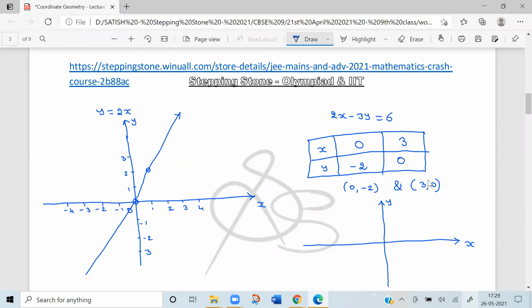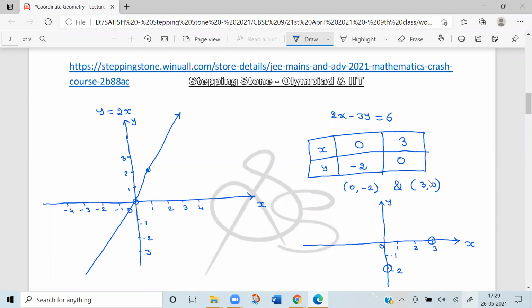When x coordinate is 0, it will lie on what? On y-axis. So at 0, the value is minus 2. So this is the point. Next, 3, 0, where will it be? Sir, x-axis. On x-axis. At x equal to 3, y is 0.